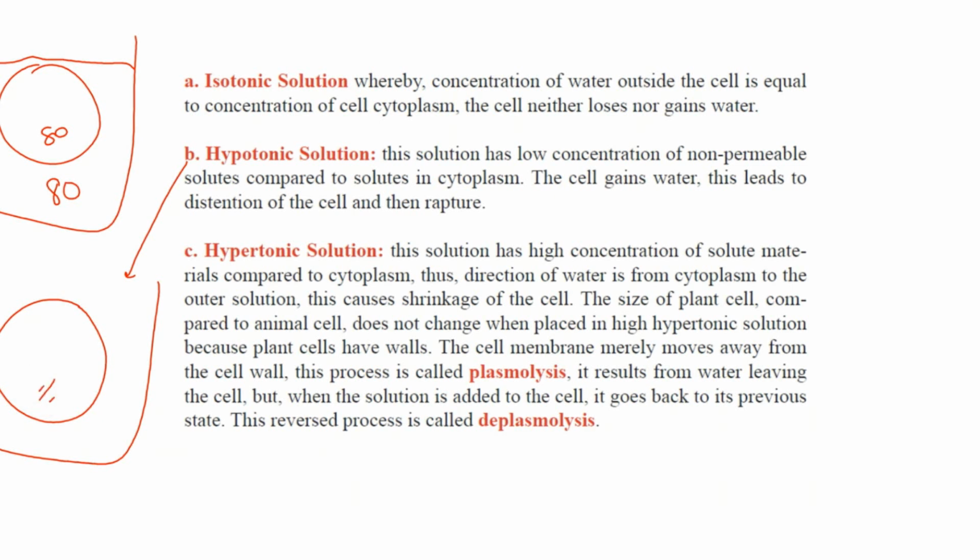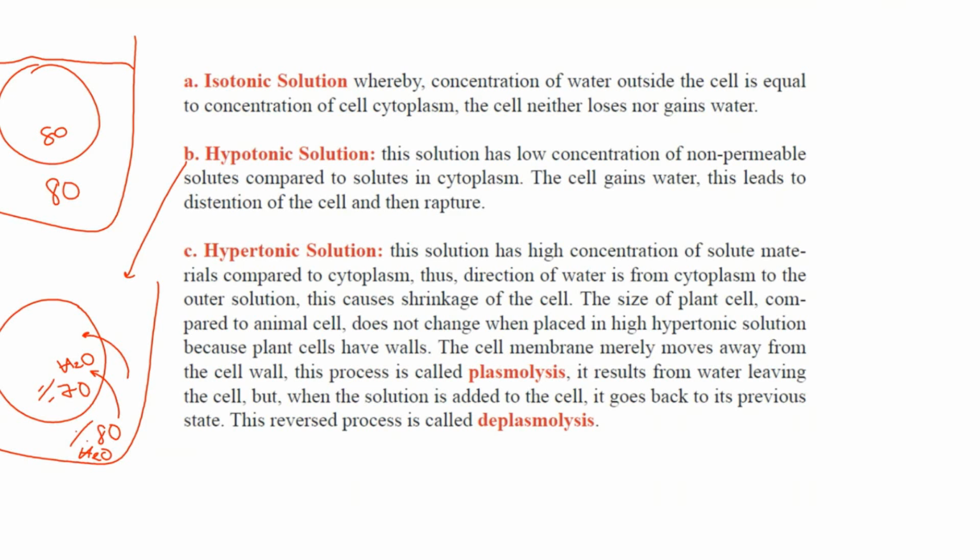If we focus on water, 70% H2O, but in the medium about 80% H2O. So water moves from high concentration to low. In this solution the cell gains water. As water passes into the cytoplasm, this leads to distension of the cell and then rupture.